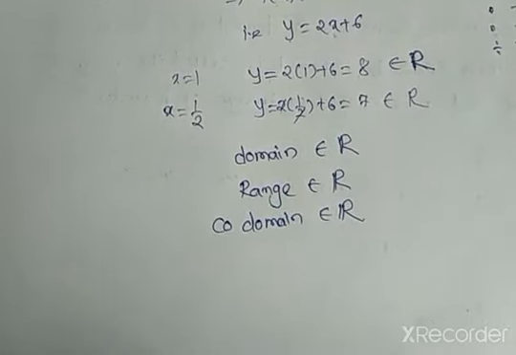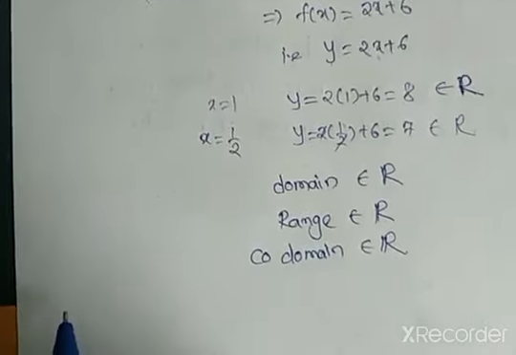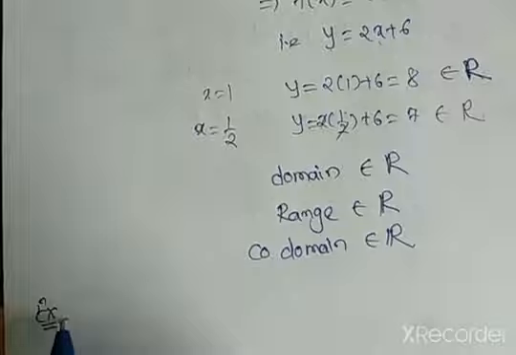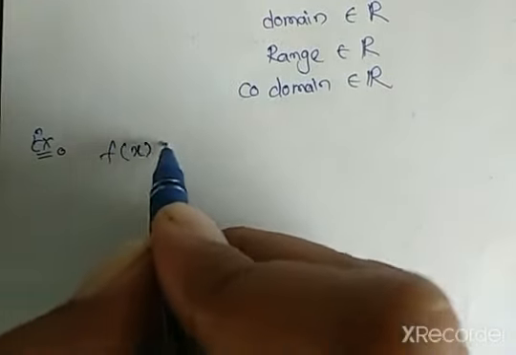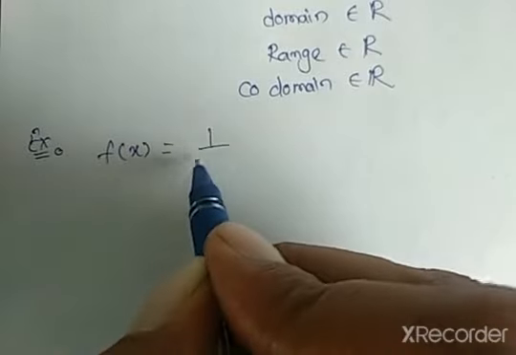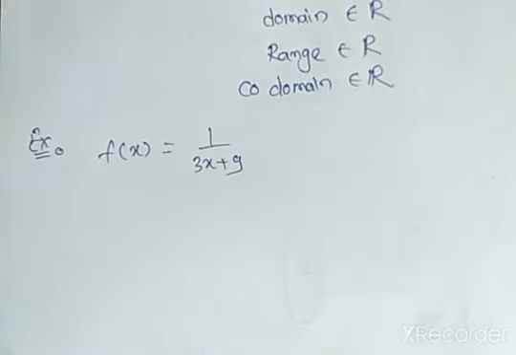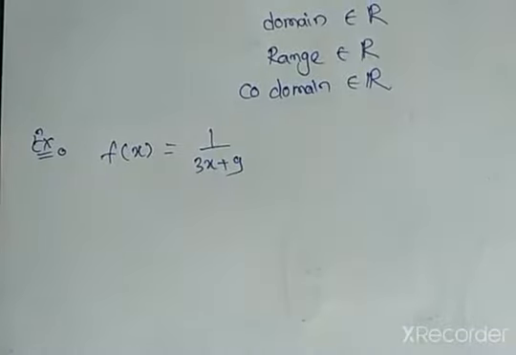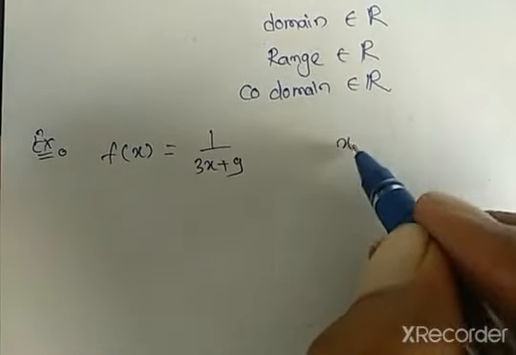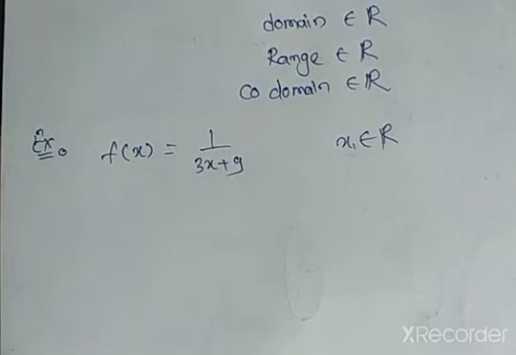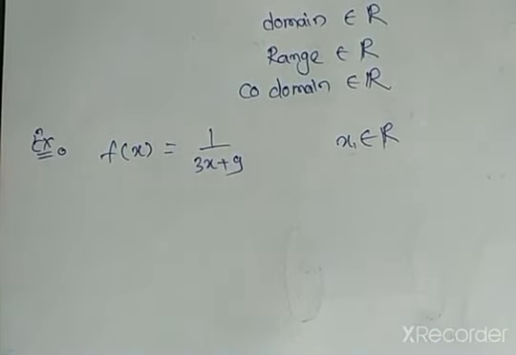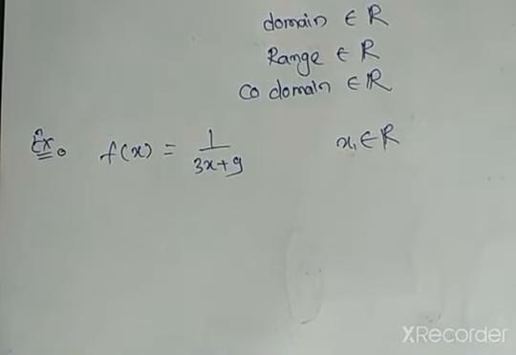Okay, next example. We define f of x equal to 1 upon 3x plus 9, where x belongs to R, x should be a real number.